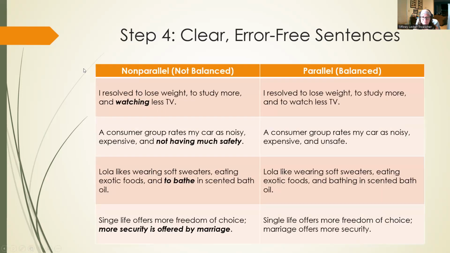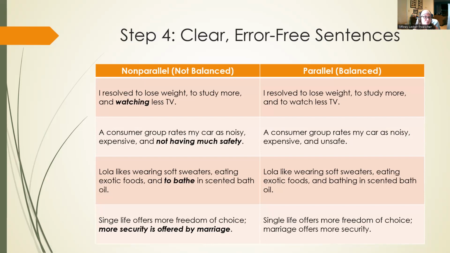All right, so over here on this side, we have some non-parallel or non-balanced sentences. We have our first example here. I resolved to lose weight, to study more, and watching less TV.